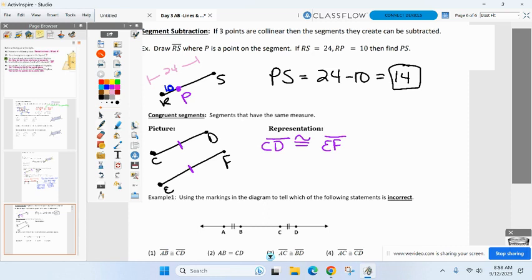Have some self-respect. Don't be an embarrassment to the math community. It's not called a squiggly. Anybody know what that's called? Maybe from your foreign language? Tilde? No? All right, it's called a tilde. I don't care. But that whole thing is the symbol for congruent. That's what we're going to start using. Anytime two segments are congruent, we put that symbol.